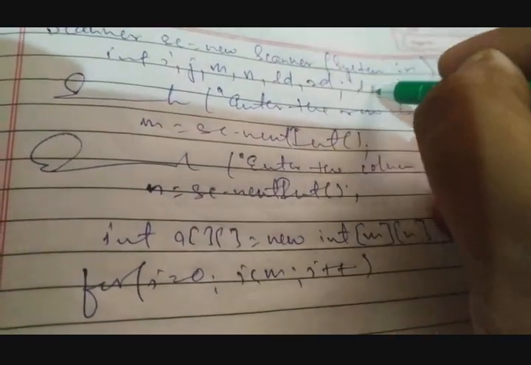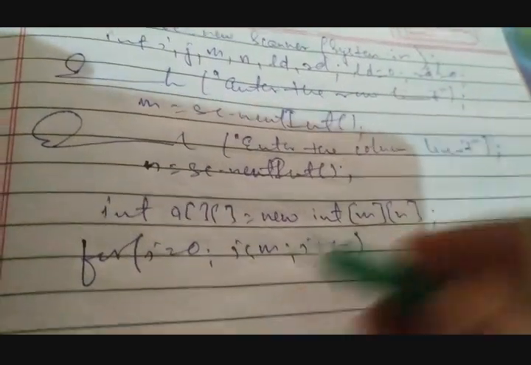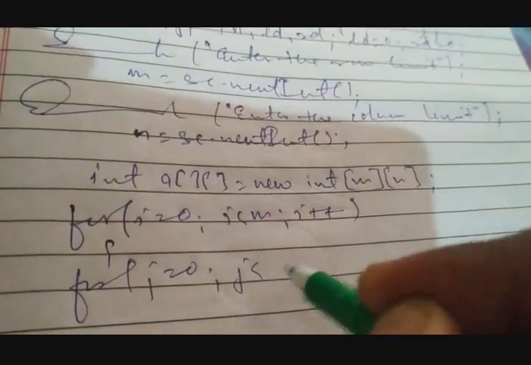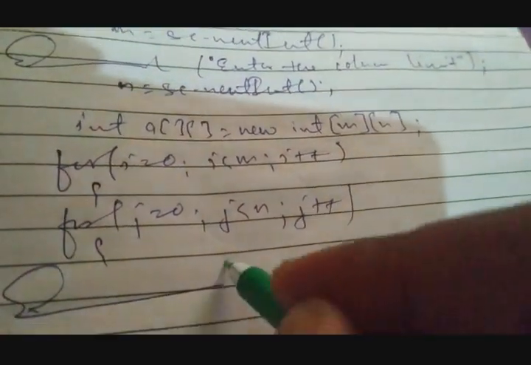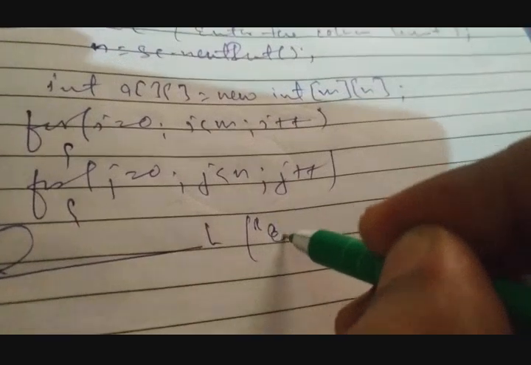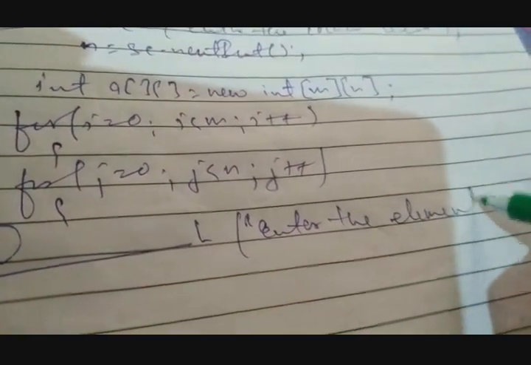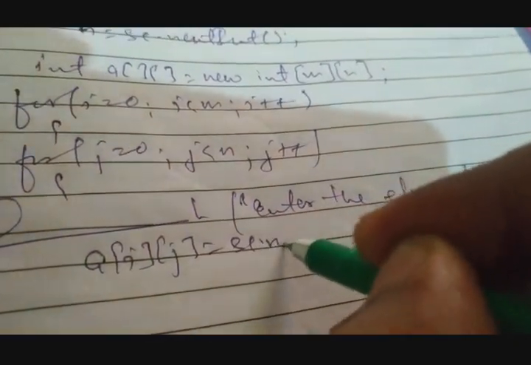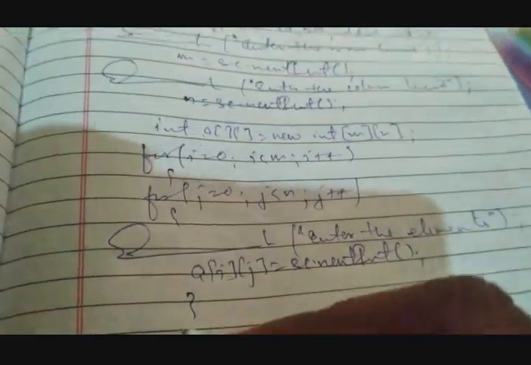Now ld equals 0 and rd also equals 0 here. For j equals 0, j less than n, j plus plus, print: enter the elements, a of i j equals sc.nextInt().